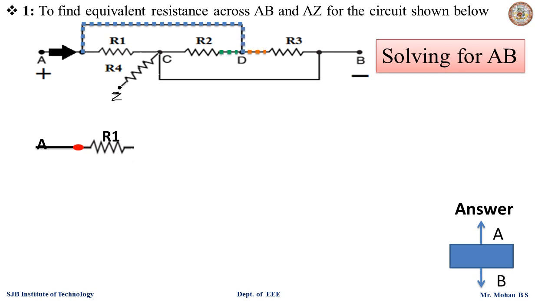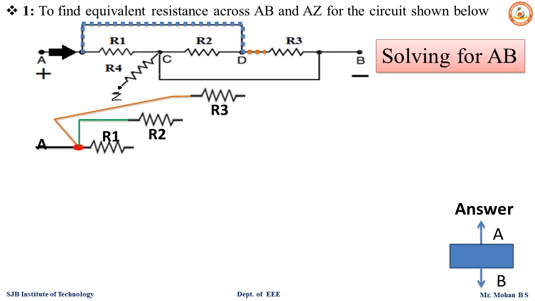Thus we'll connect one for R2, and from the same junction or node we connect one for R3. I hope you have understood. You can see this blue line connected to R2, and the yellow-orange line connected to R3. So we have redrawn the circuit.